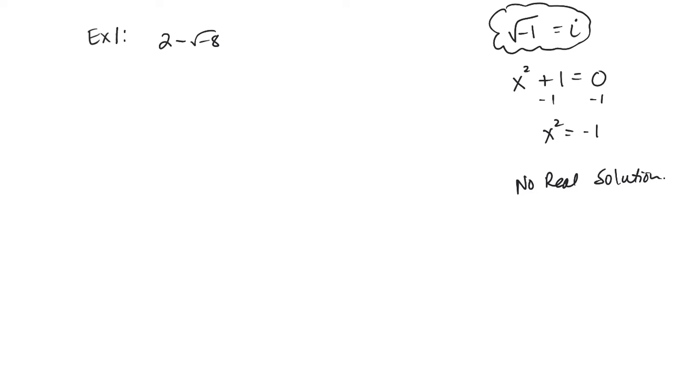Because if we take something times itself, so for example, -1 squared, that's a positive 1. And 1 squared is also positive 1. So there's no real solution. But if we take i and square it, well, i is defined as the square root of -1.